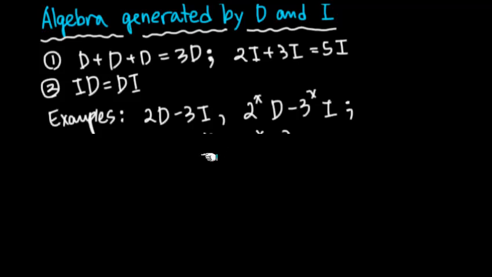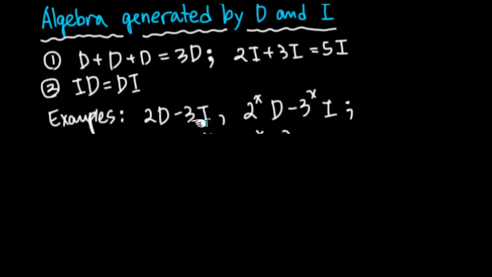Now, the next example is a little bit more complicated. This is probably the main deal about this part of the video. Now, 2^x D minus 3^x I, I don't think you understand what those are. This operator here, 2^x, is the exponential function, and this is the differential operator. So we do the differential operator first and then multiply by 2^x. And this is simply multiplying the given function by 3^x. Subtract. So this is an operator, that's an operator.